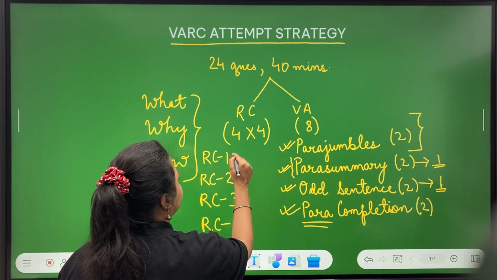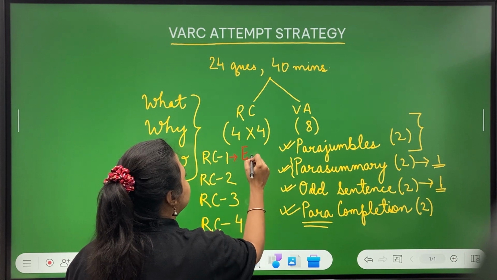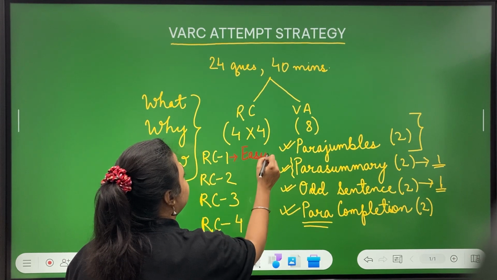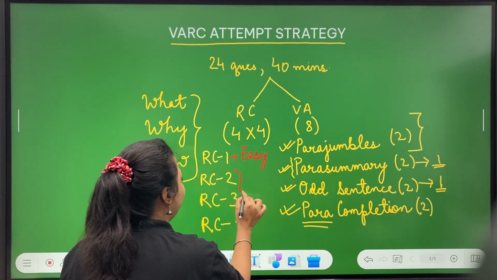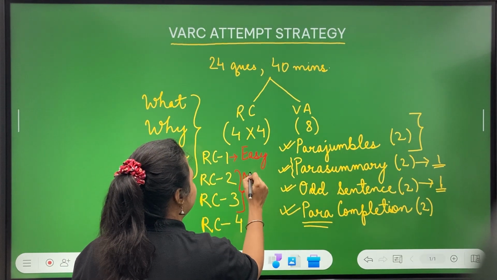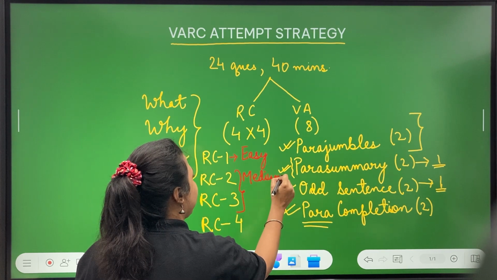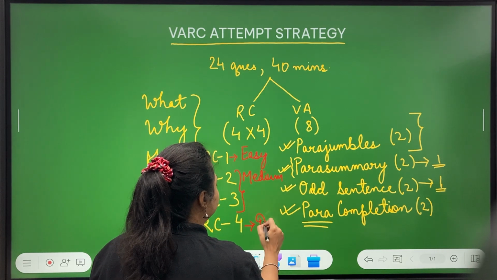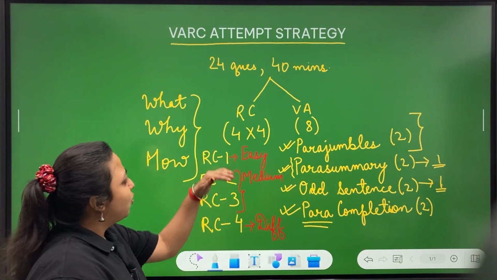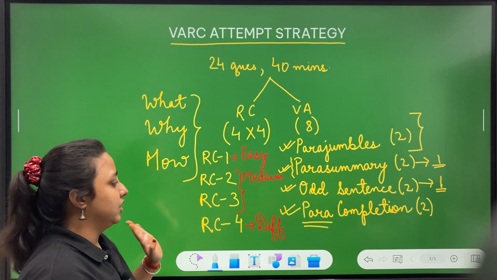See, I have seen that one of the 4 RCs is easy. 2 RCs are medium level, ठीक है. And then there is one RC which is definitely difficult. ठीक है. One of the RCs is easy, 2 medium होते हैं और एक difficult होता है, ठीक है.